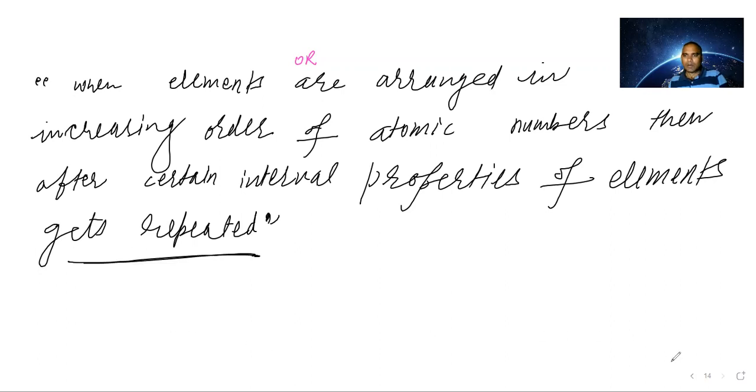Okay, so let's try to draw this periodic table. Kindly you also draw this periodic table, if possible. Tomorrow we will write the characters, not today. This is the period number.